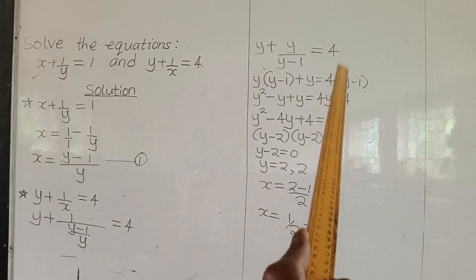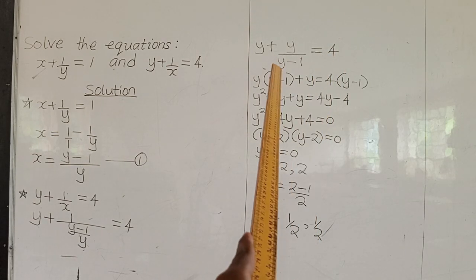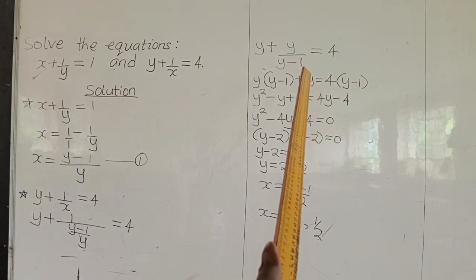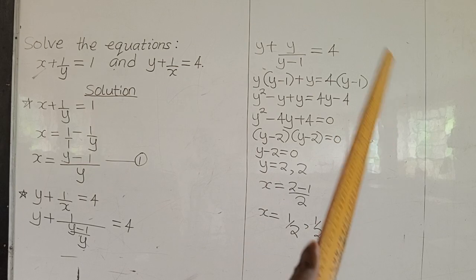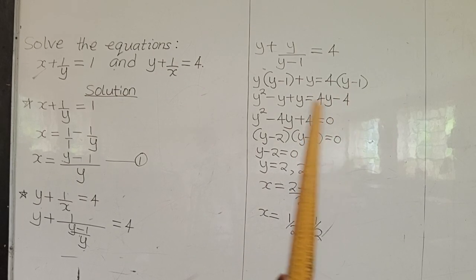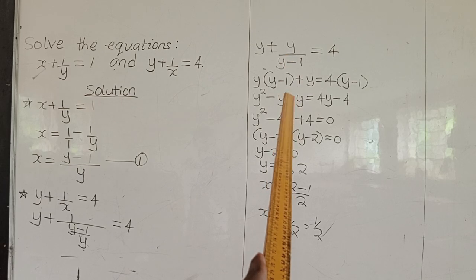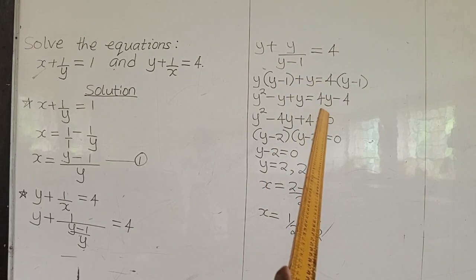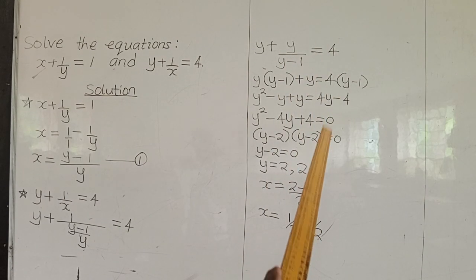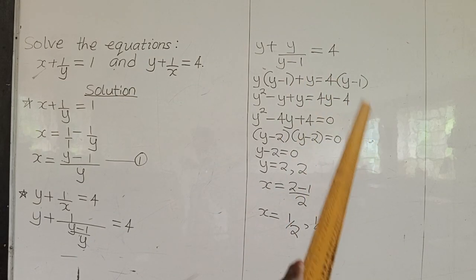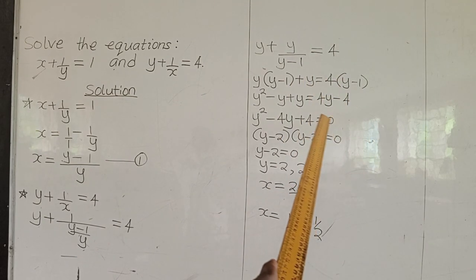All that is equal to 4 times the value that one is multiplied, which is y minus 1. Then we shall have y squared minus y, when you expand that, plus y is equal to 4 times y is 4y, then 4 times minus 1 is minus 4.